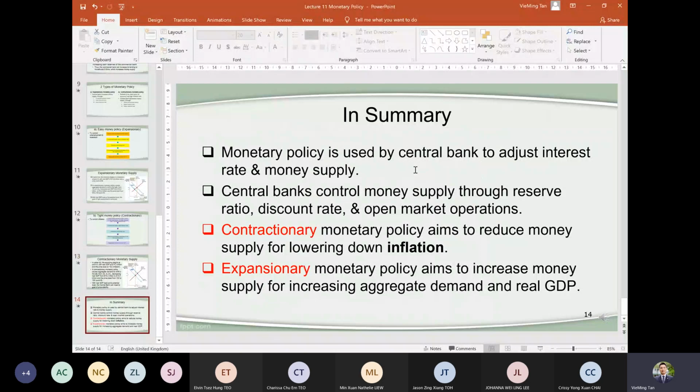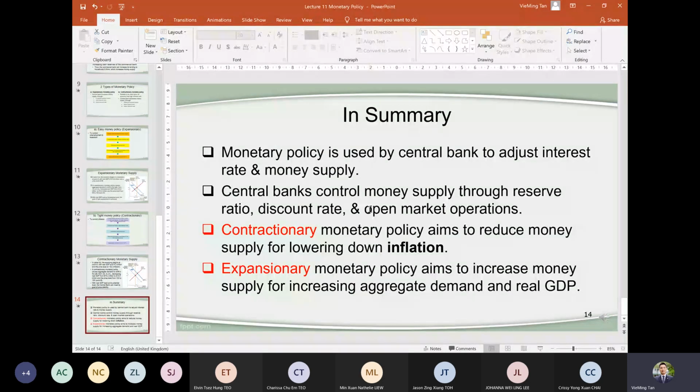From this, it can help to address macroeconomic problems such as inflation and unemployment. So how does the central bank control the money supply? There are three tools: controlling the reserve ratio, the discount rate, and also open market operations through selling and buying government bonds.